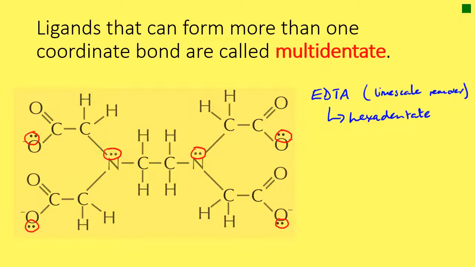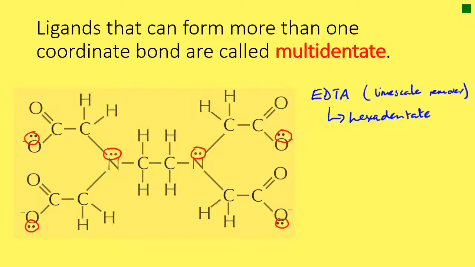So you've got 4 spare lone pairs there. So that makes 6 in all. So you could actually call this a hexadentate ligand. Hexadentate ligand. Okay, so that's multidentate. Let's have one more example.